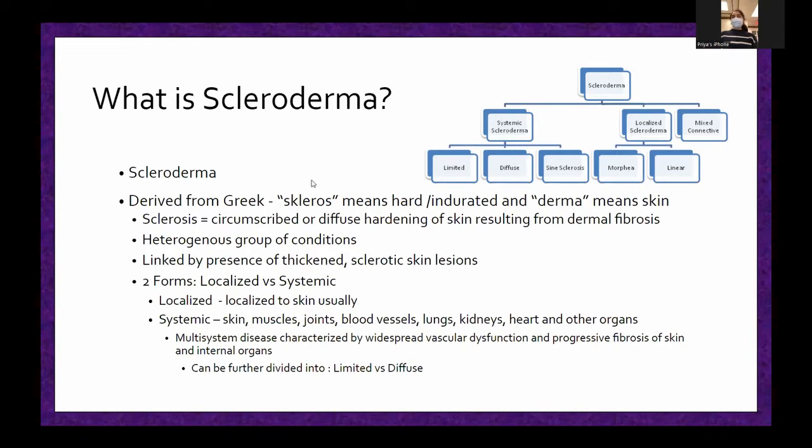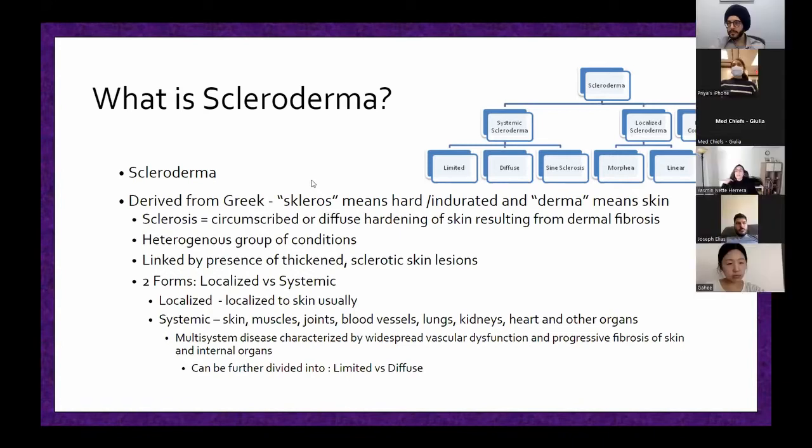So by definition, sclerosis is circumscribed or diffuse hardening of the skin from fibrosis of the layers of the skin. It is a heterogeneous group of conditions, and thickened sclerotic skin lesions is the prototypical classification for scleroderma, but as we'll talk shortly, that is not consistent with all subtypes of scleroderma. So it is sometimes a bit tricky.